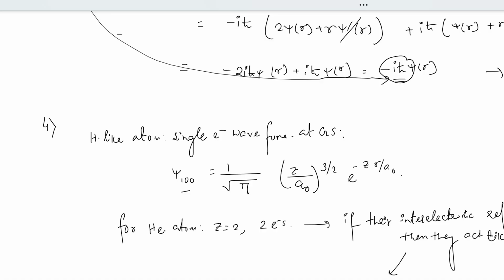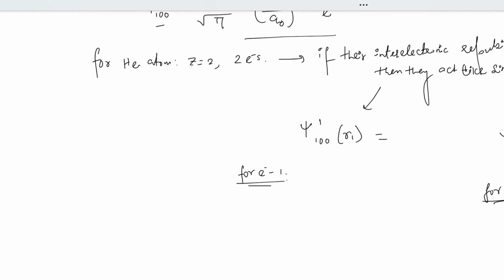So for each of these electrons, if you identify psi 100 at a position R1 for electron 1 out of these 2 electrons in the helium atom, it will have this kind of a form, only instead of R you will be replacing it with R1. And similarly you will be having psi 100 of R2, which is the electron number 2 at a position R2, and also a similar ground state wave function for this electron, only instead of R you will be putting R2.